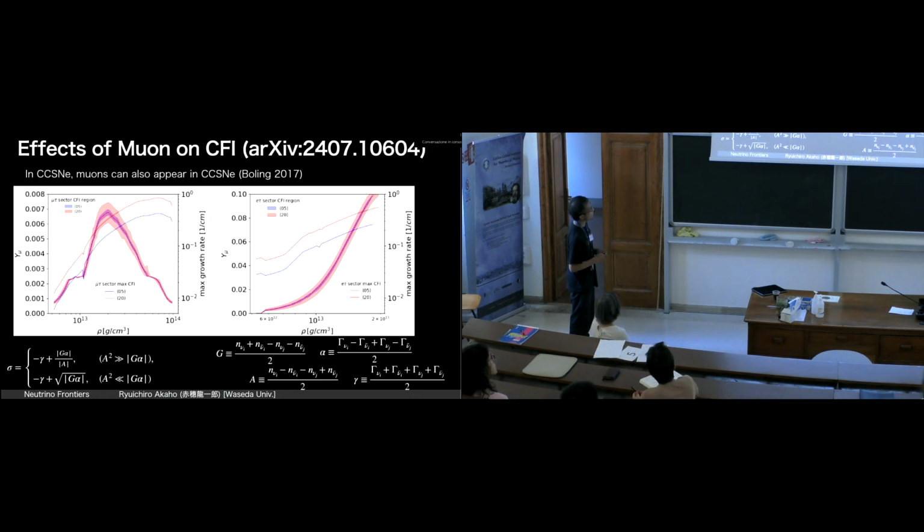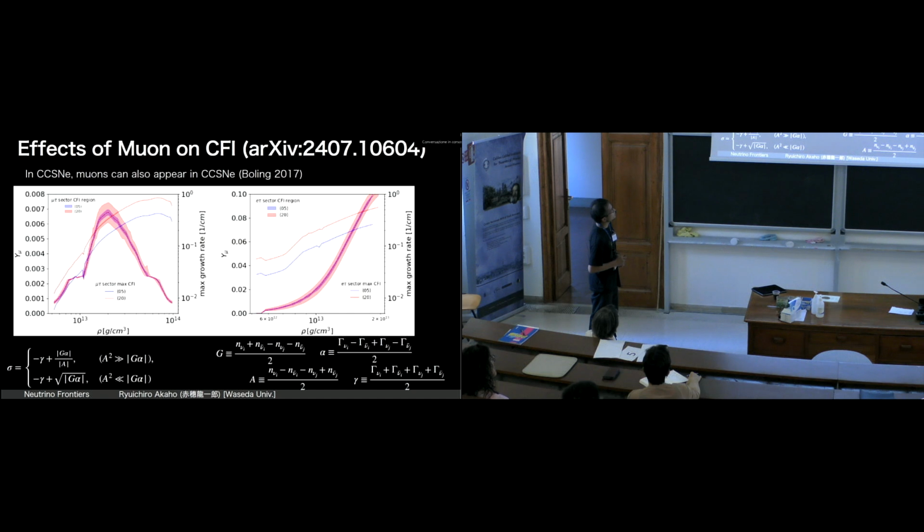So this is again a post-process analysis, so it is not a self-consistent muon supernova model, but this figure shows how much muon fraction is required to trigger the CFI by muons.